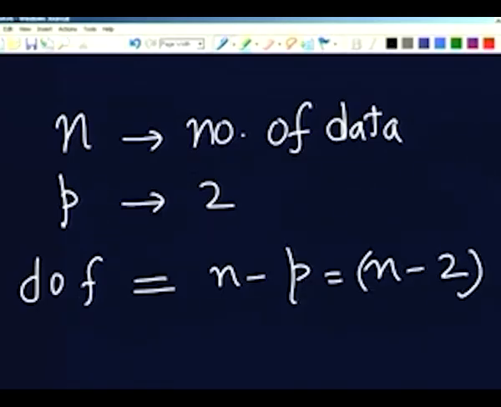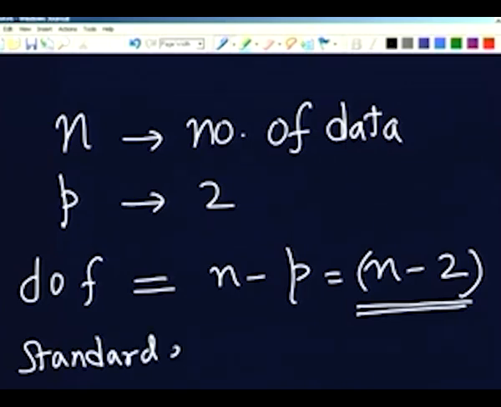So, when I want to find out what is the likely error, I have to use n minus 2 in the denominator. For example, the standard error, I will describe it a little later.